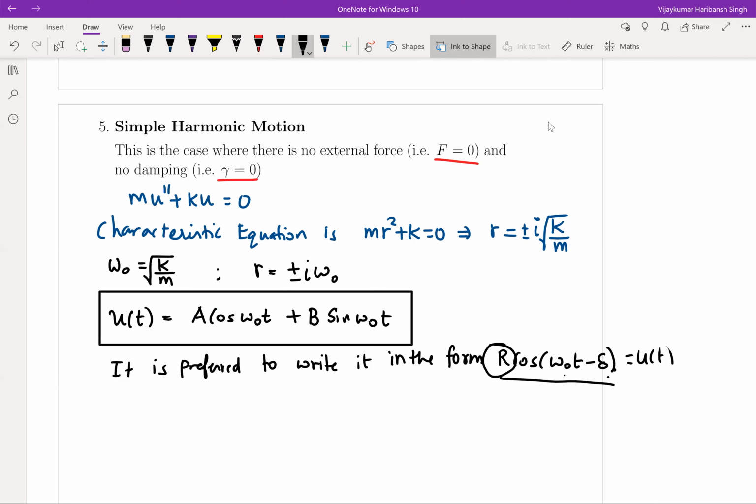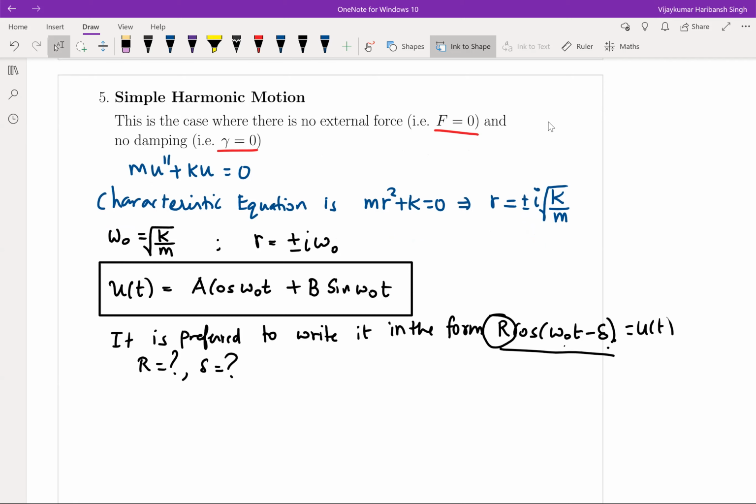So if I want to write it in this format, what is my R? Question is, R is what? Delta is what? Because we got omega naught from the previous one. So let's expand this. What is cos of a minus b? Cos of a minus b is cos a cos b plus sine a sine b.